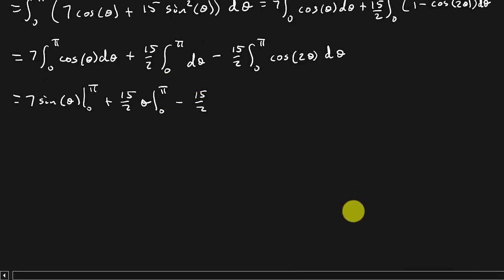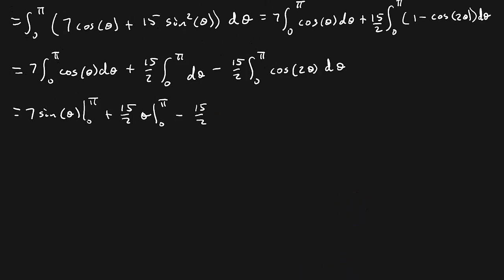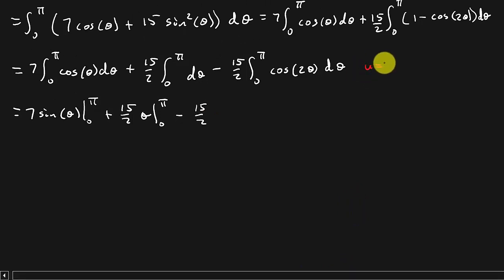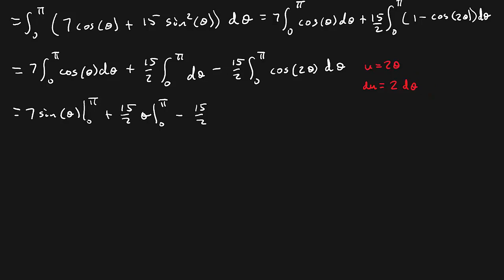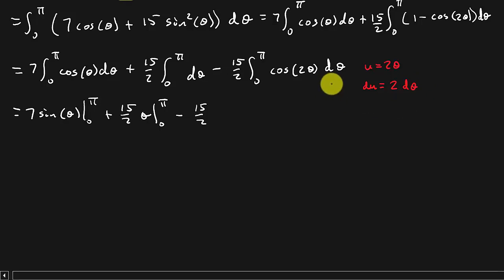Now, here we need to use u substitution. So here I'm going to let u equal 2 theta. So du is 2 d theta. All right. Now, what's happening here? I've got the d theta, but I'm missing the 2. So I need a 2. So I'll multiply by 2, which means I have to come out here and multiply by 1/2.